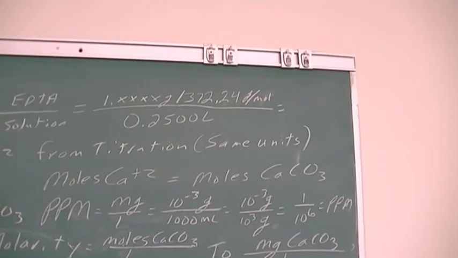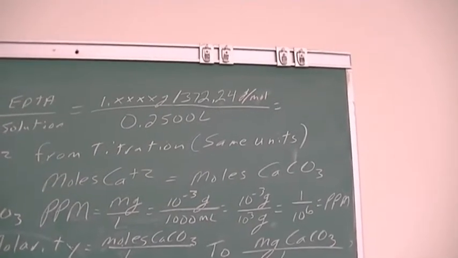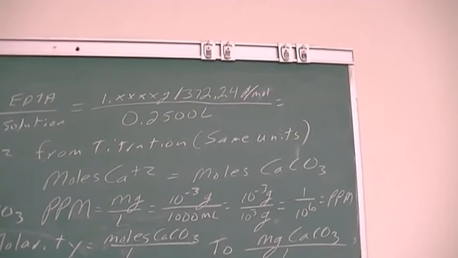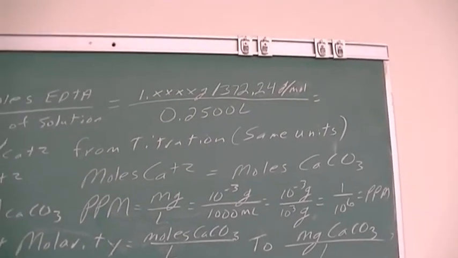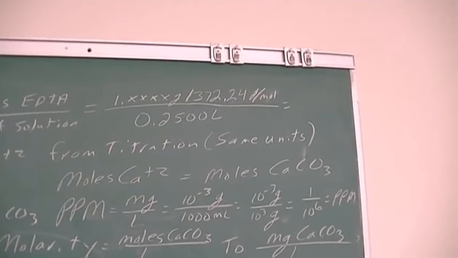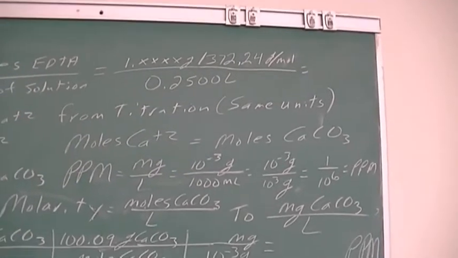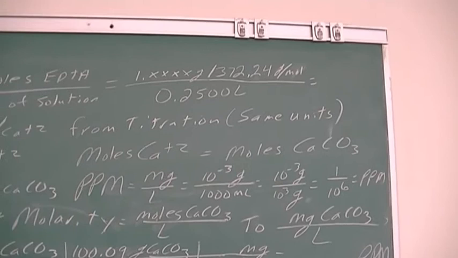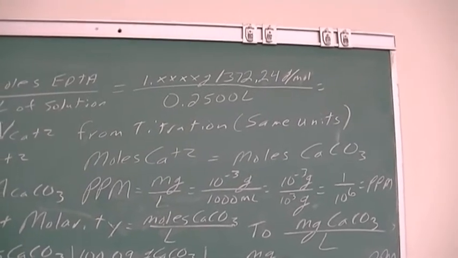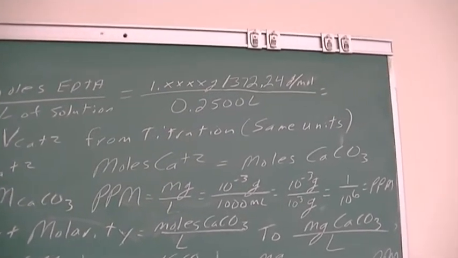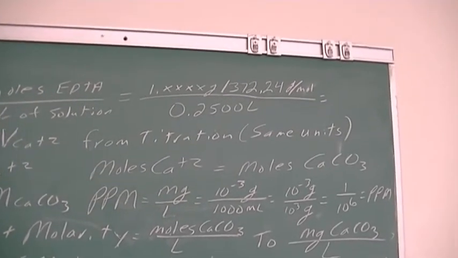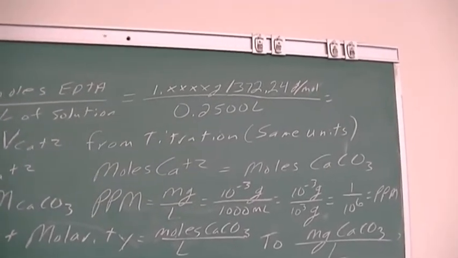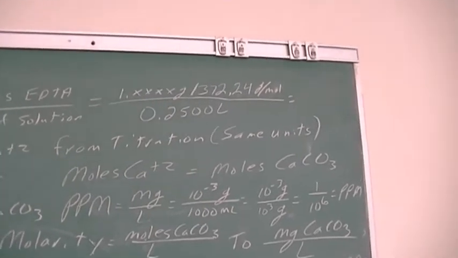And so you take your mass divided by the molar mass, and the molar mass of the EDTA is given as 372.24 grams per mole, and we divide that by the volume in liters, and we're putting this in a 250 milliliter volumetric flask, and so converting that to liters, it is 0.2500 liters. And so that will give us our molarity of EDTA to 4 significant figures.